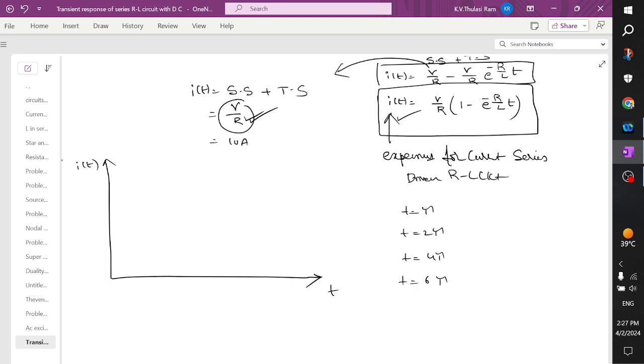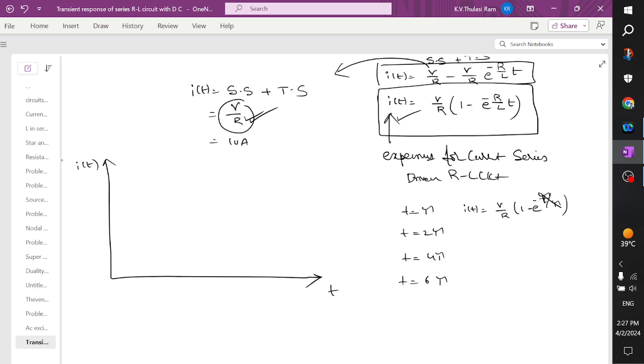So you can see here, at t equal to tau, i of t is equal to V by R into 1 minus e to the power minus t by tau. Now t is how much? Tau.